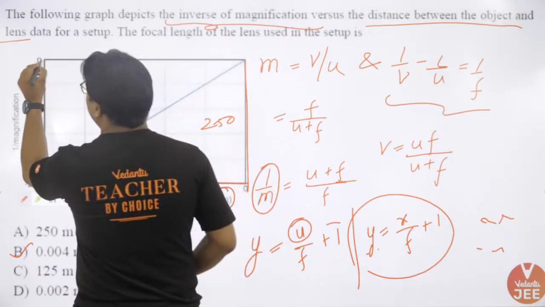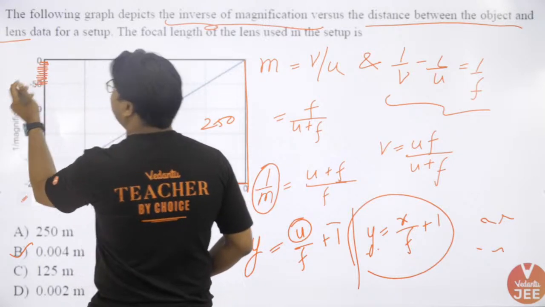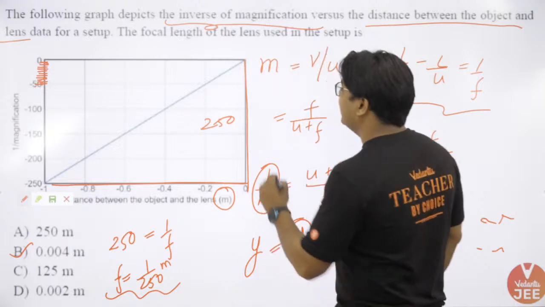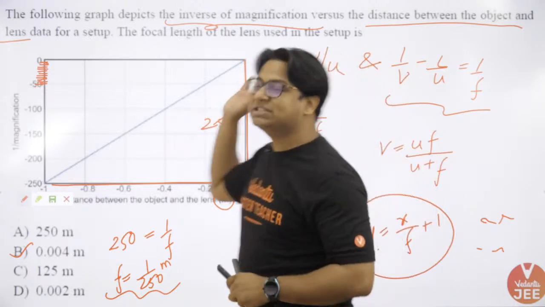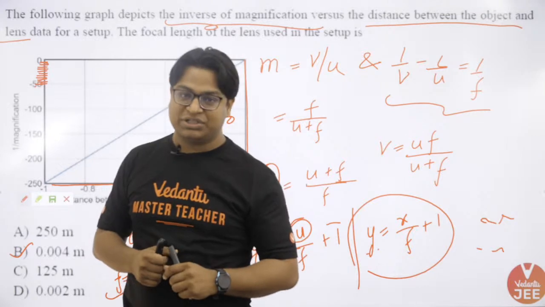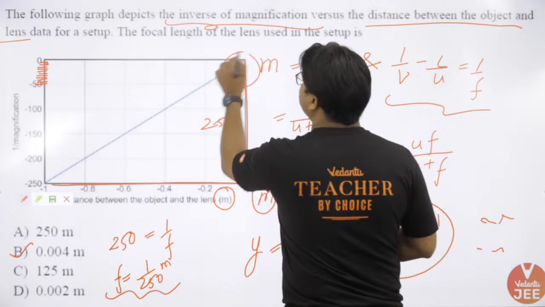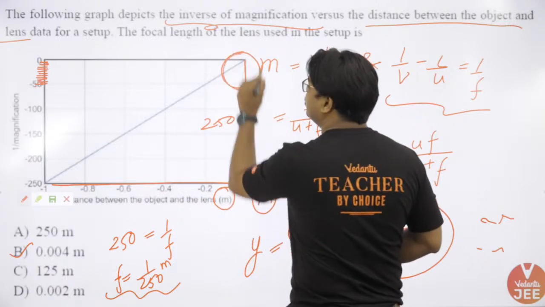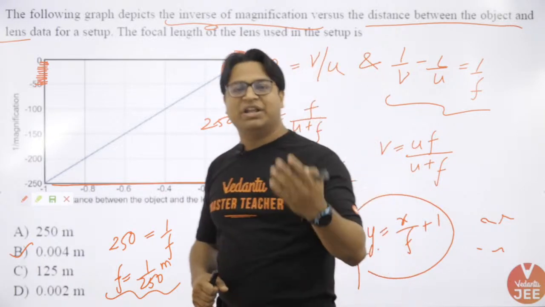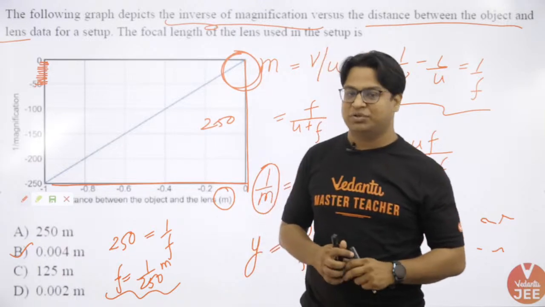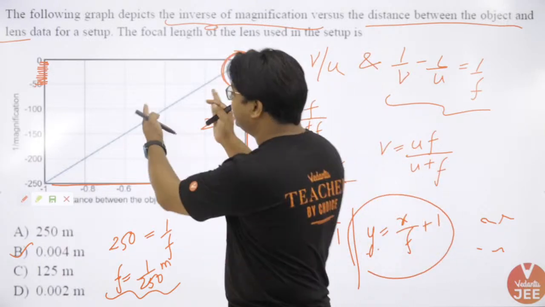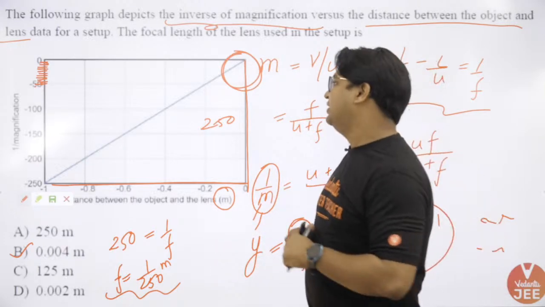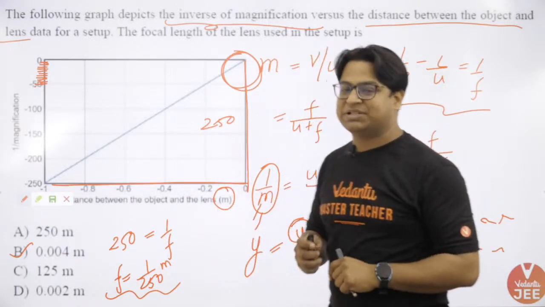If I try to do that, I was barely able to make 10 to 12 parts. So I hope you are getting my point here. Though it appears as if the line is passing through the origin, if we are given the option of magnifying this graph and zooming into this region, you will realize that the graph is actually not passing through the origin. It is just that we are viewing the graph from a very zoomed out view. Therefore, it appears to us as if it's passing through the origin.